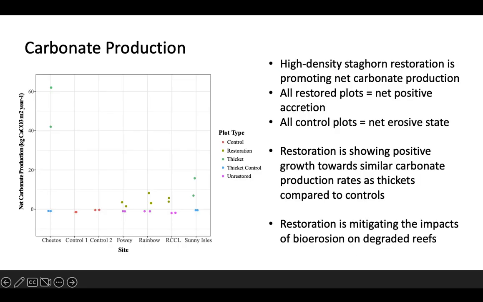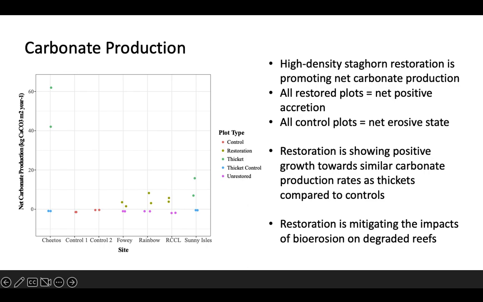This is telling us that the high density staghorn aggregations that we're creating as a result of coral restoration are promoting net carbonate production. Even though the restored sites are not as high as the thicket sites, they're moving in that direction, whereas the control sites are in a state of net bioerosion.